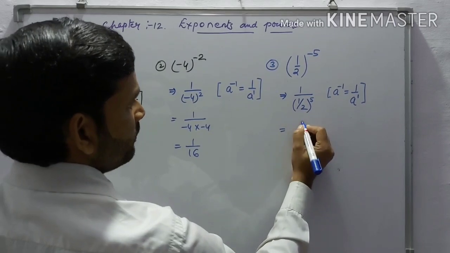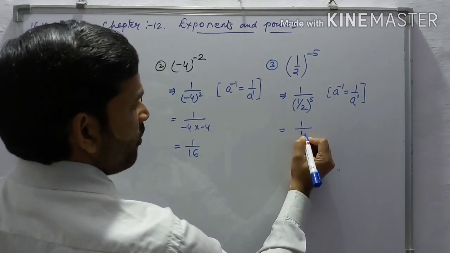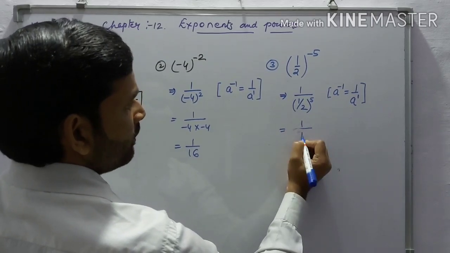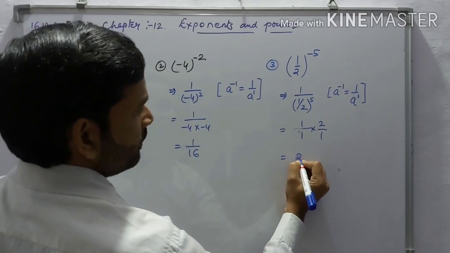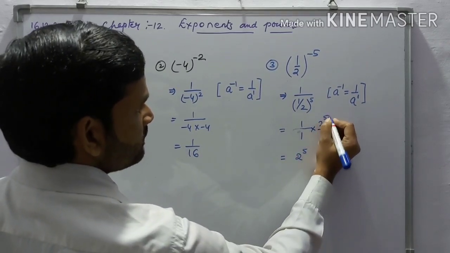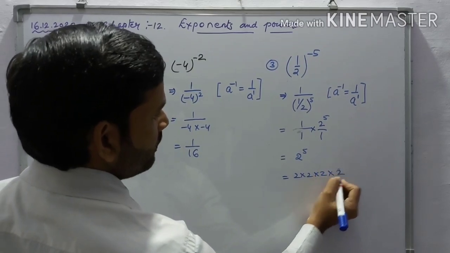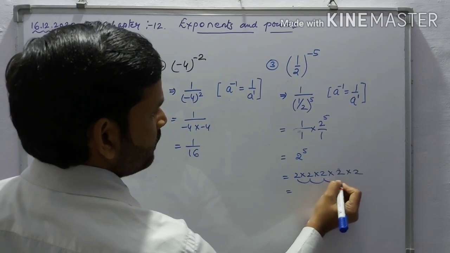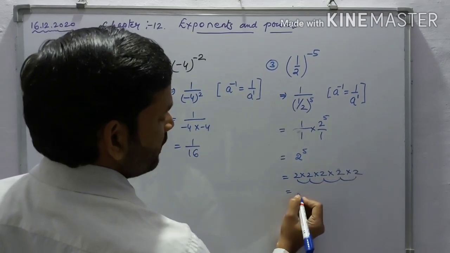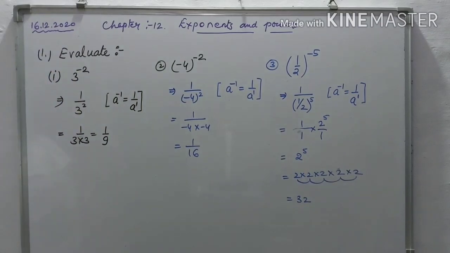Then 2 power 5 is 2 into 2 into 2 into 2 into 2, 5 times: 2 to the 4, 4 to the 8, 8 to the 16 and 16 to the 32. That the answer is 32.